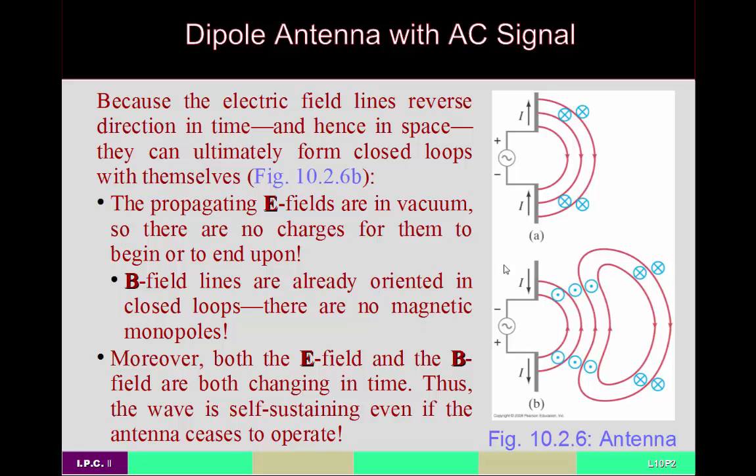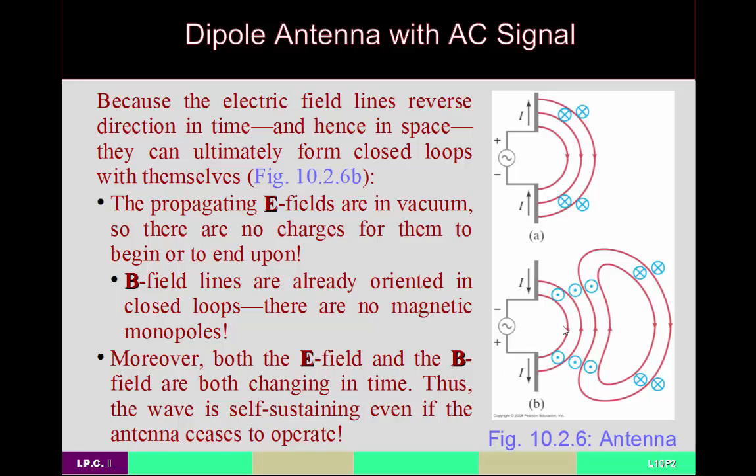And so these E-field lines are actually propagating through vacuum in this case. There are no charges on which this E-field line can begin or end because it's in vacuum, and therefore it has to form basically a closed loop. I suppose the other option would be that it could basically come in from infinity and go out to infinity, but forming closed loops is a possibility as well. And in this case, they will form closed loops because of the geometry of the thing producing them.